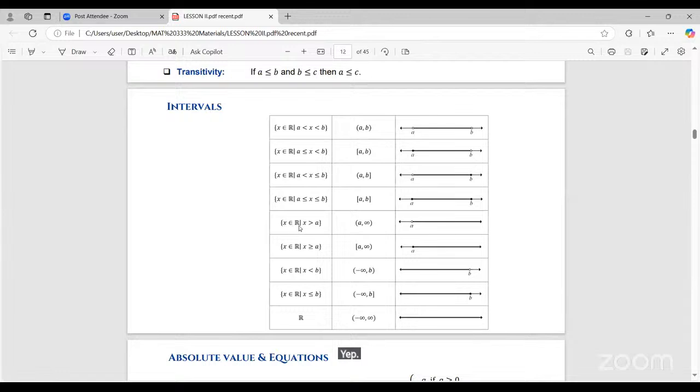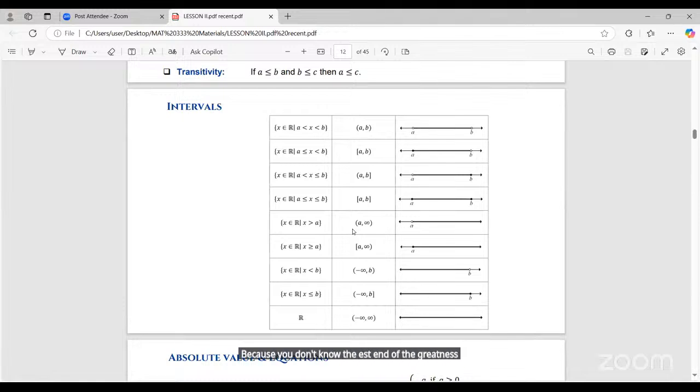x in R such that x is greater than A. That means it is open on A, and it is also open on the other side because you don't know the extent of the greatness.